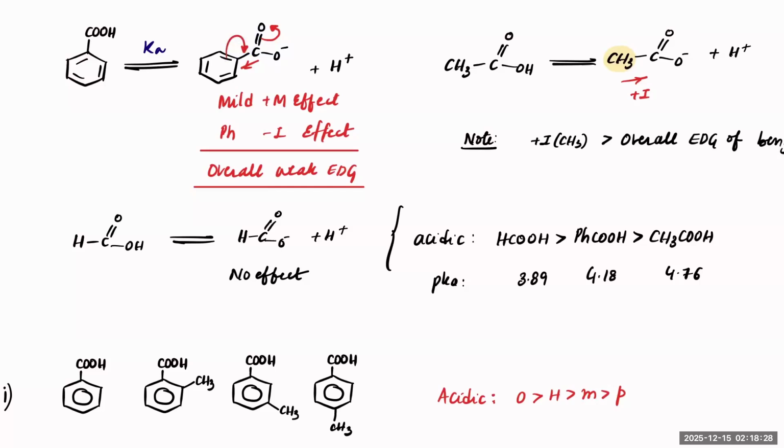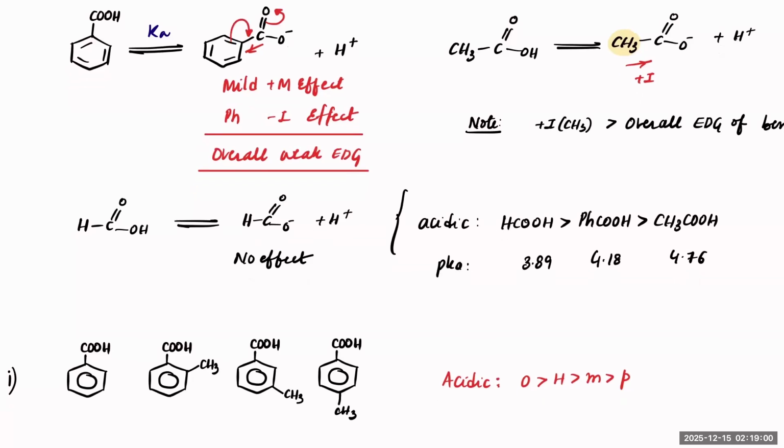Imagine a case where somehow we stop this resonance from happening. Benzene's resonance, that is benzene offering plus M. Imagine if I stop that. The minute you stop it, the equivalent resonance will be much more active. And what would happen to the acidic strength? Further increases. Which means if anyhow some groups are put onto the benzene so that this resonance is stopped, then the acidic strength automatically increases.